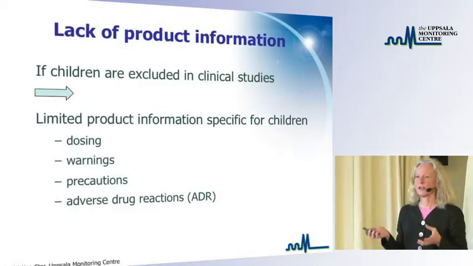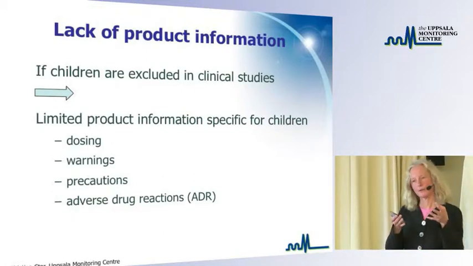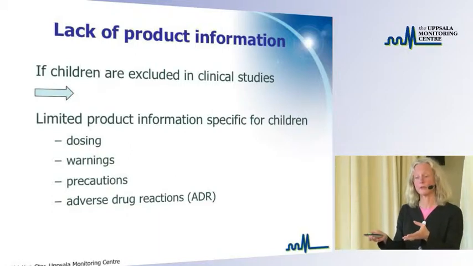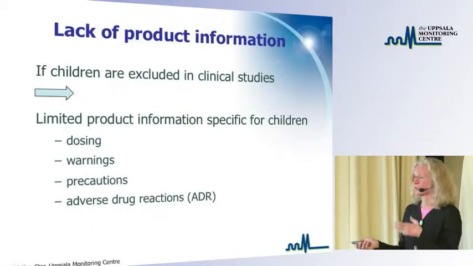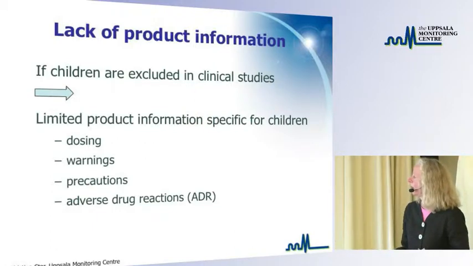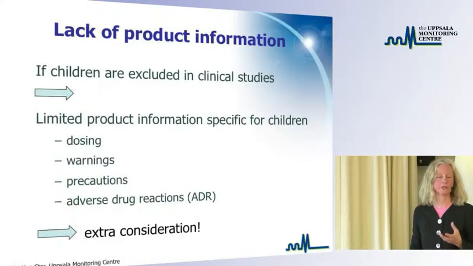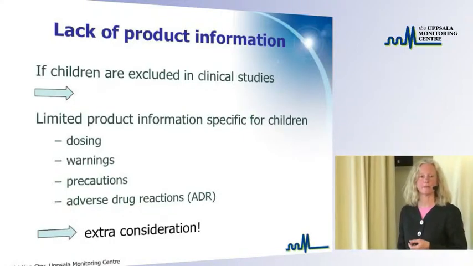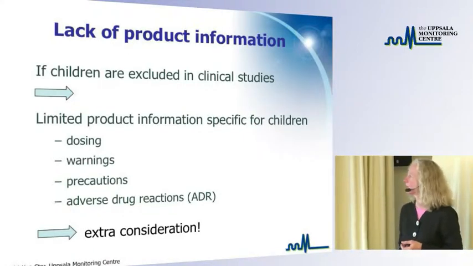So there's a lack of information for the pediatric population for some drugs because they haven't been tested specifically on children. That leads to extra consideration when medicines are used in children.